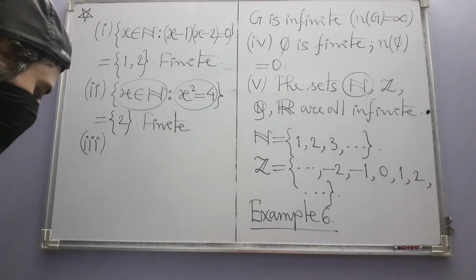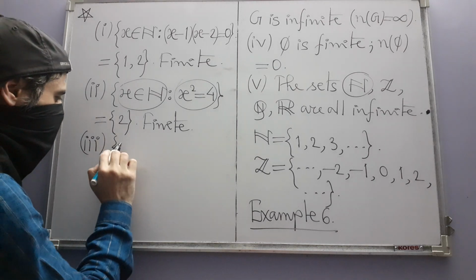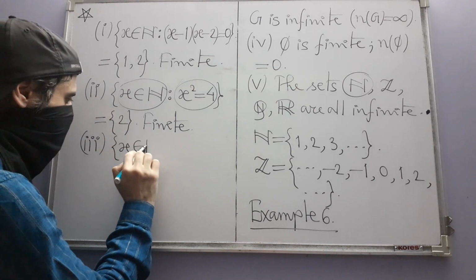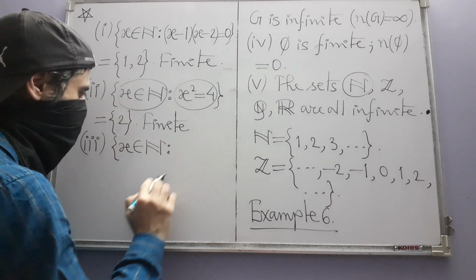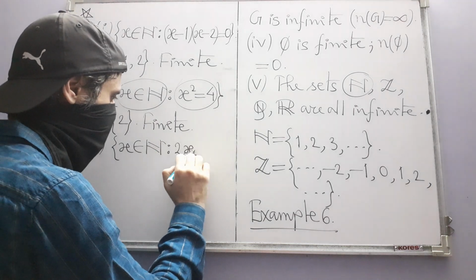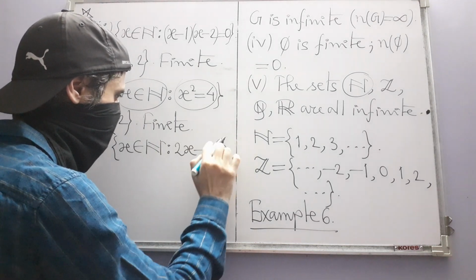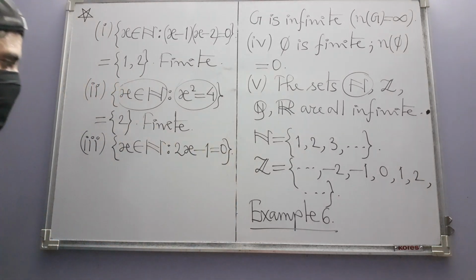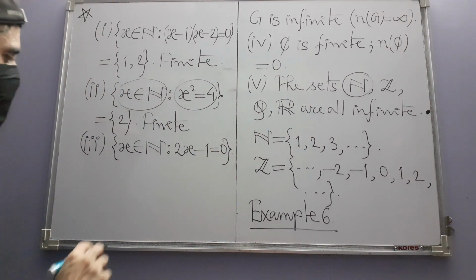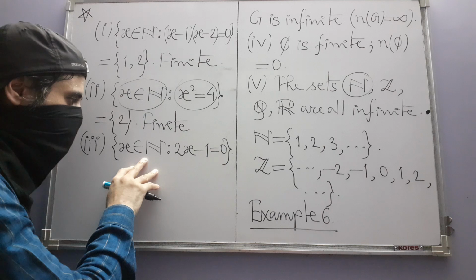Then the third one, it is the set of all natural numbers x such that 2x minus 1 is equal to 0. This set, however, is empty. Why?